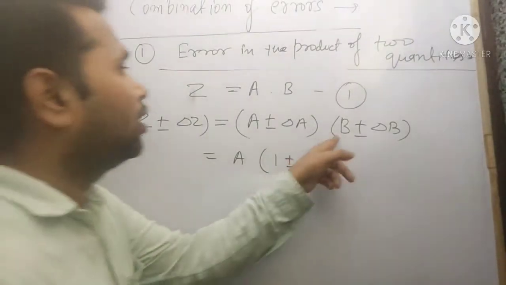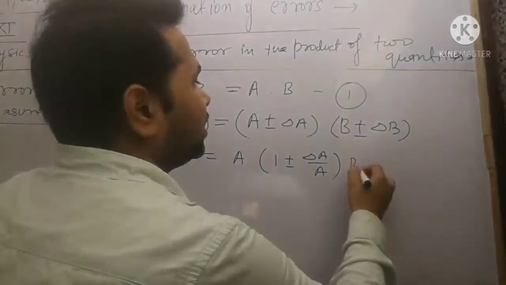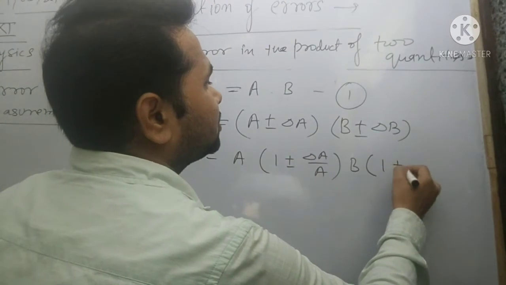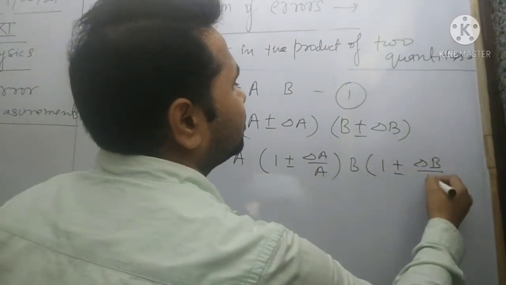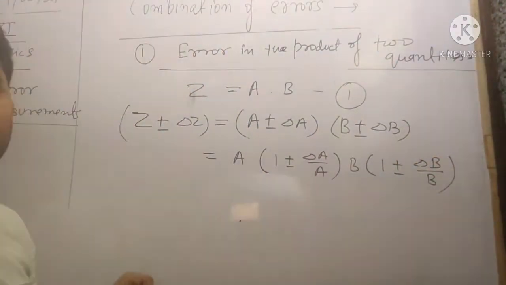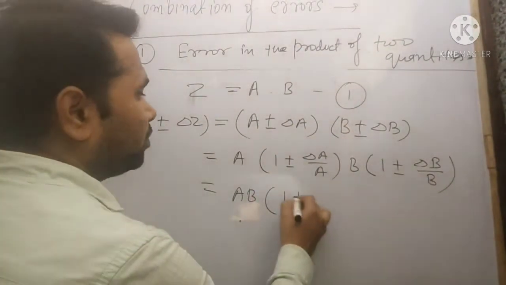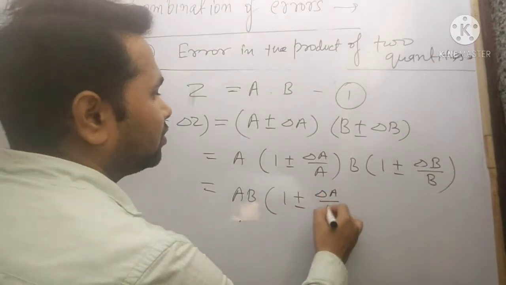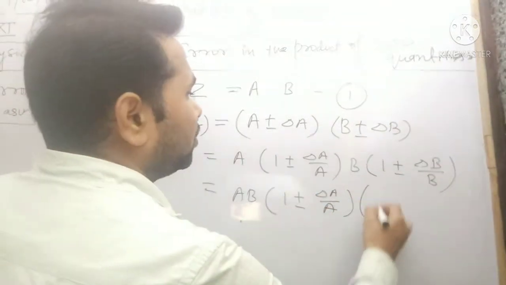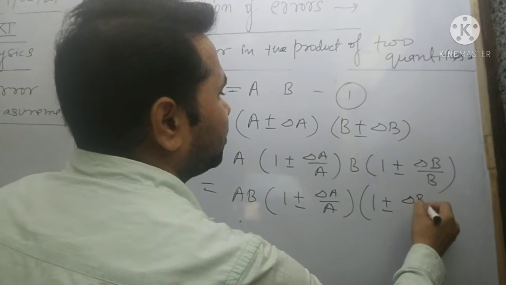Similarly, taking b from here, this will be 1 plus minus delta b by b. So the product is ab times 1 plus minus delta a by a and 1 plus minus delta b by b.